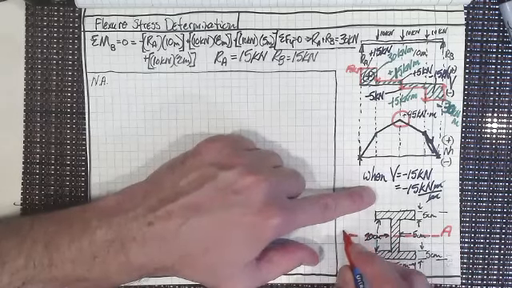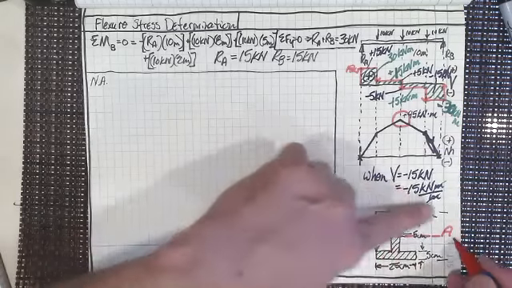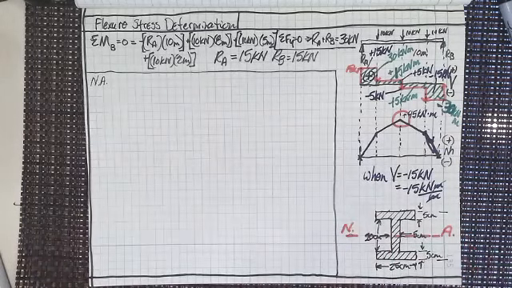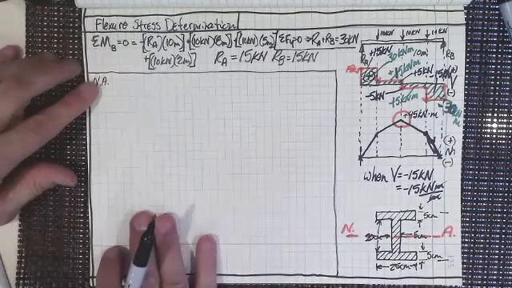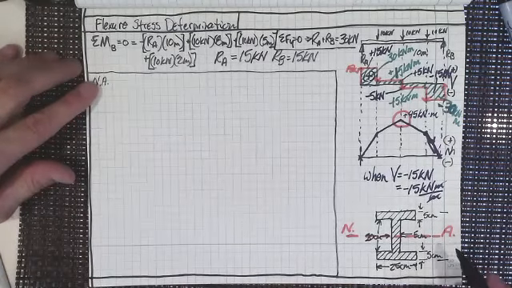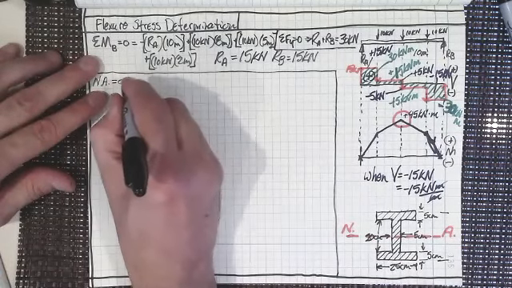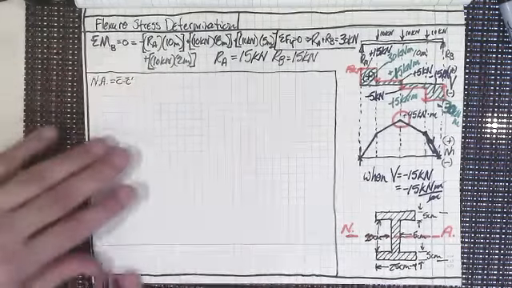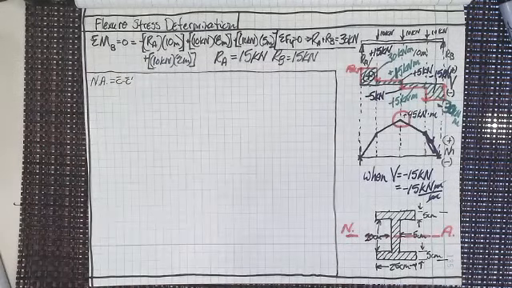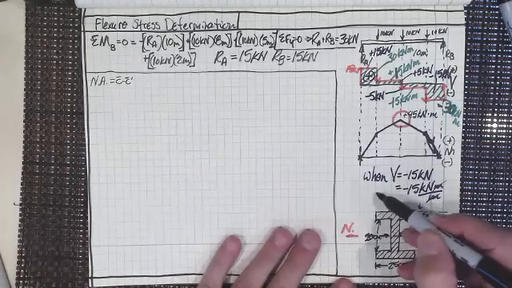So we don't really have to determine it right now, but I want to go through the process of determining our neutral axis because the neutral axis is the centroidal axis, right? And so where is that and how do we do that? Now, here's what I'm going to do.